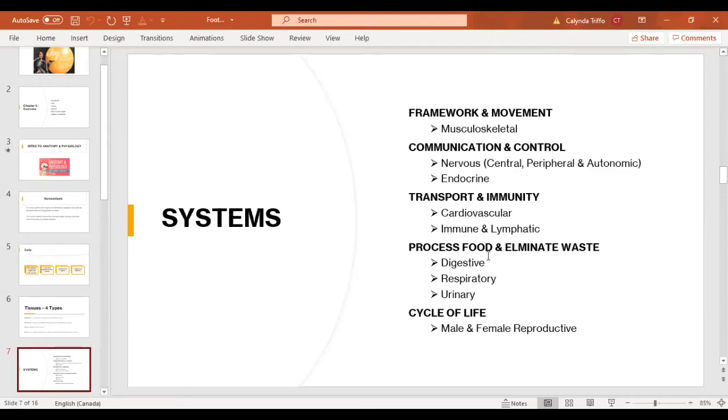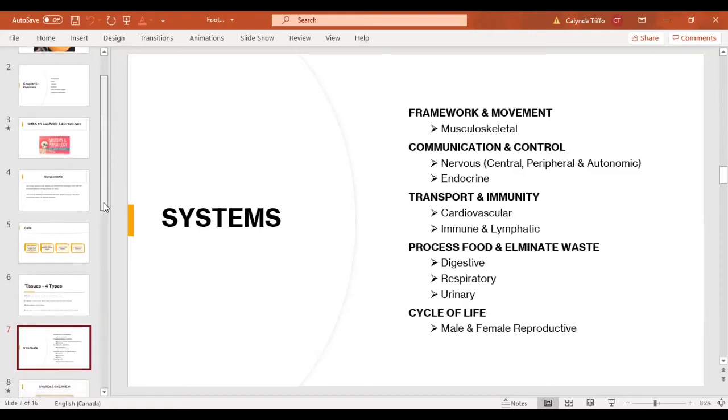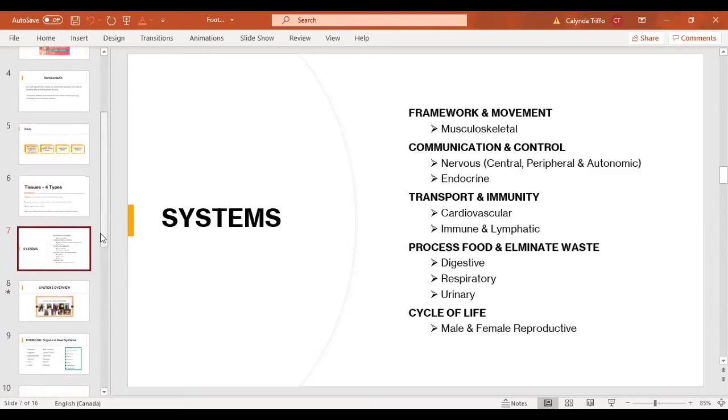Respiratory, that's our air, and urinary, that is our urine. The cycle of life includes the male and the female reproductive systems. So that's kind of a very high level overview of everything that we're going to be diving into from chapters 7 to 15. So if it doesn't make sense to you right now, it's okay. It's not supposed to.